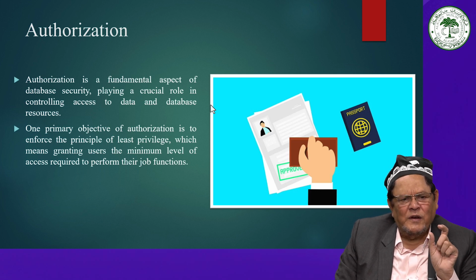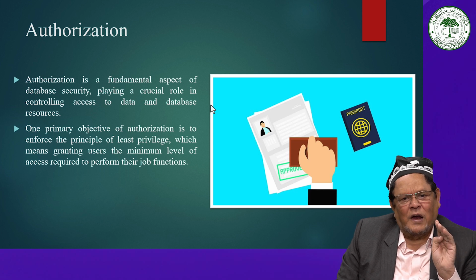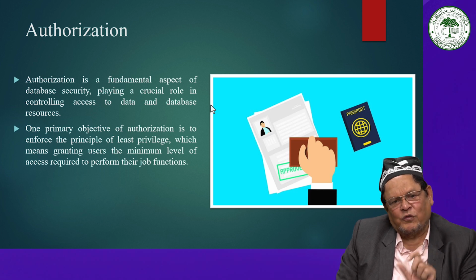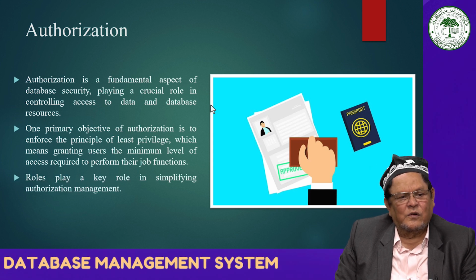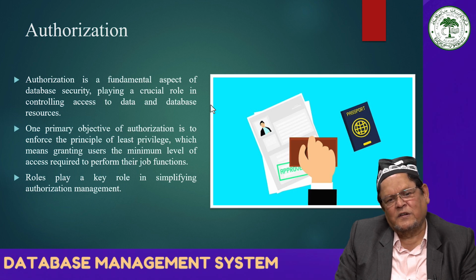We give minimum least privilege. If you want to add, delete, update, or select data, you have to give that. Roles play a key role in simplifying authorization management also.